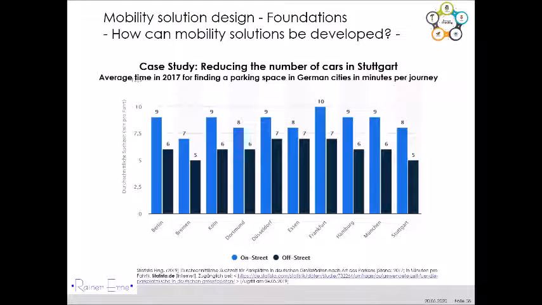That means if you have a journey of 10 minutes, another 8 to 10 minutes usually you take for finding a parking space. And this situation also is not improving, and therefore this is another consequence of the traffic situation in Stuttgart.